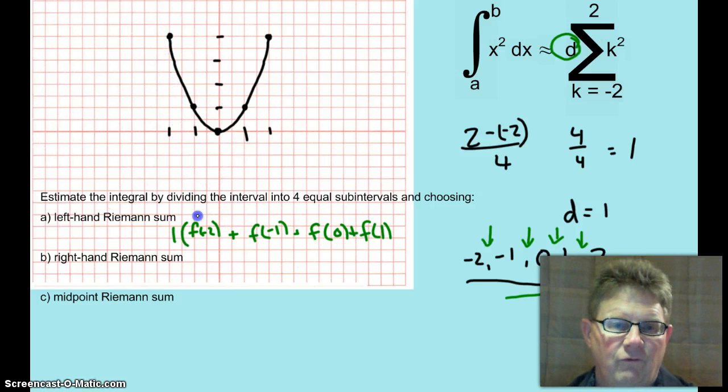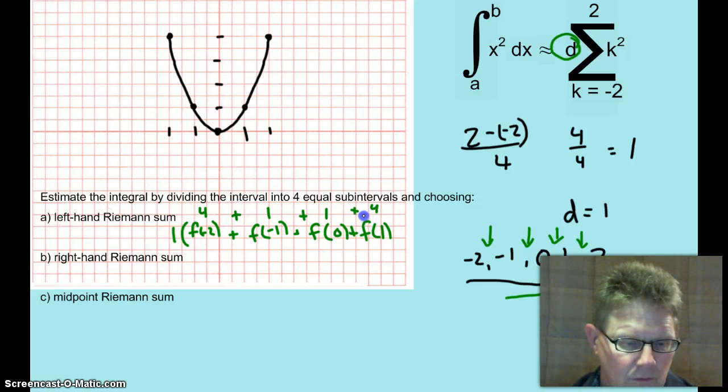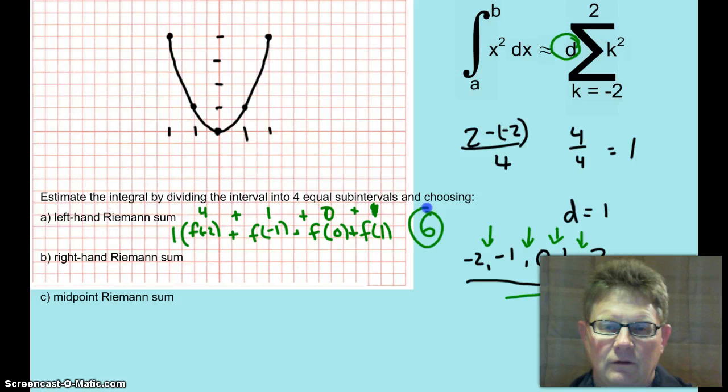So 4 plus 1 plus 1 plus 4. Oops, no, f of 0 is 0. And then f of 1 is 1. So my left-hand Riemann sum is 5, because it's 1 times the sum.